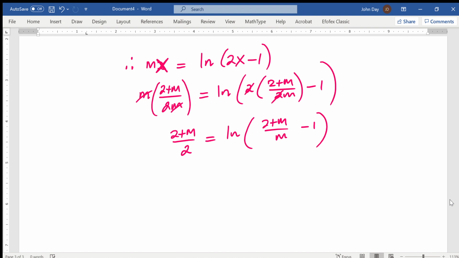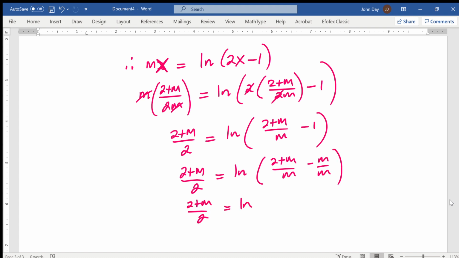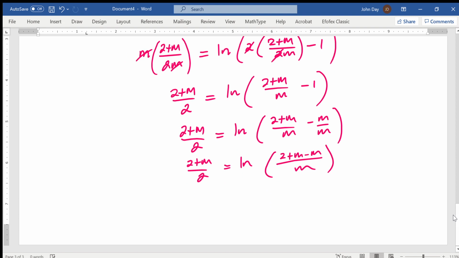And now we just need to sort that out to get what they're after. So 2 plus m on 2 equals natural log of 2 plus m on m minus m on m. So 2 plus m on 2 equals natural log of 2 plus m minus m on m. So 2 plus m on 2 equals natural log of 2 over m.